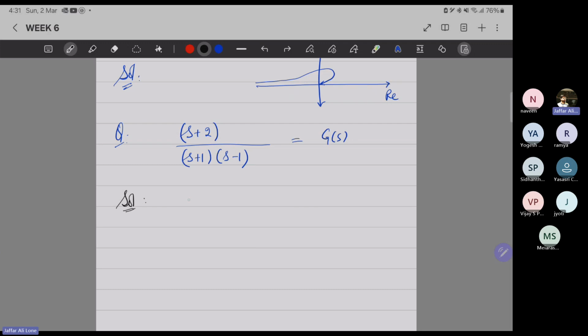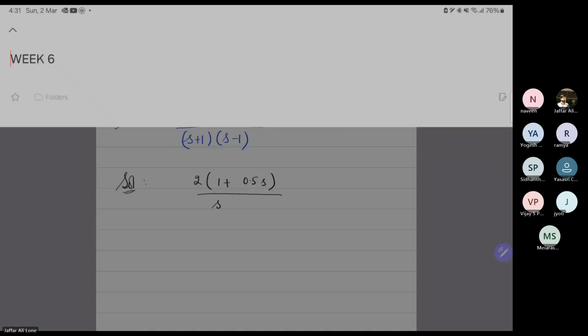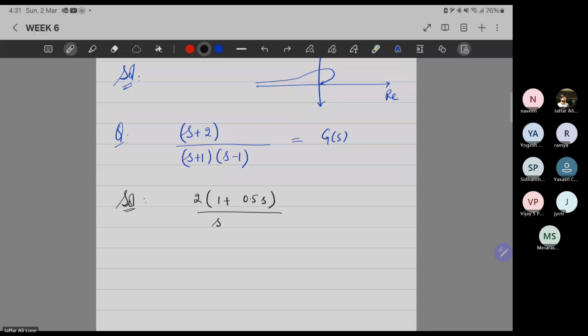If I'm writing it in time constant form, it will be 2 into (1 plus 0.5 into s) divided by (s plus 1), or I'll write it this way: 1 plus s into, if I'm writing 1 minus s, then there will be a minus outside.